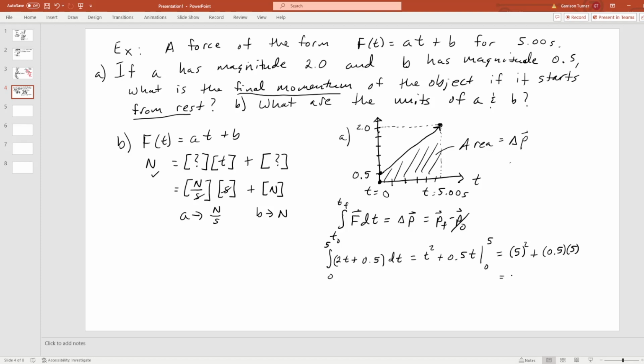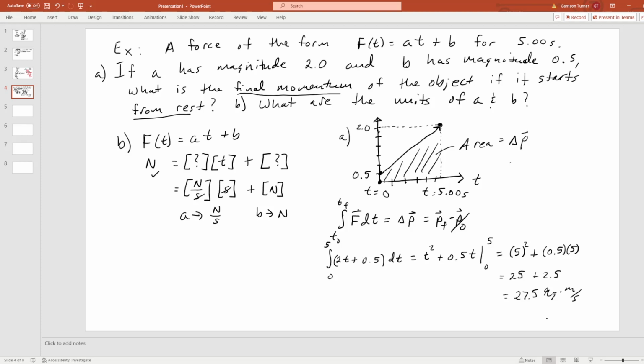So this is going to be 25 plus 2.5. But the units are indeed going to be kilograms times meters per second. Okay, so the final momentum is found from something like this, right?